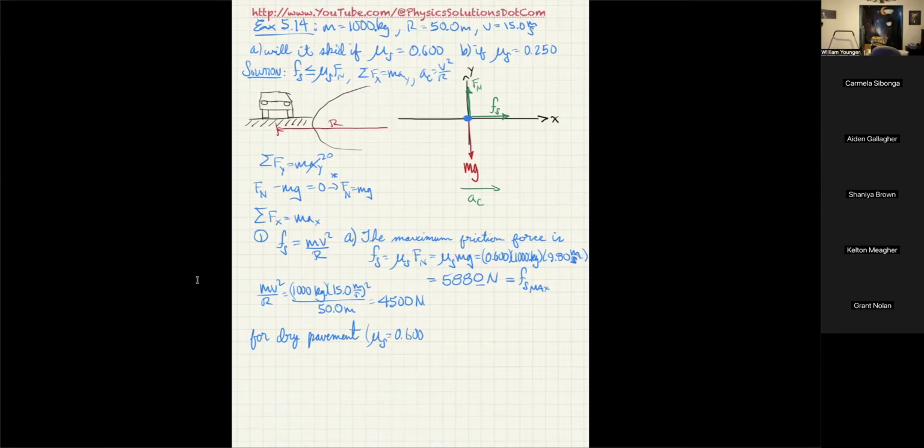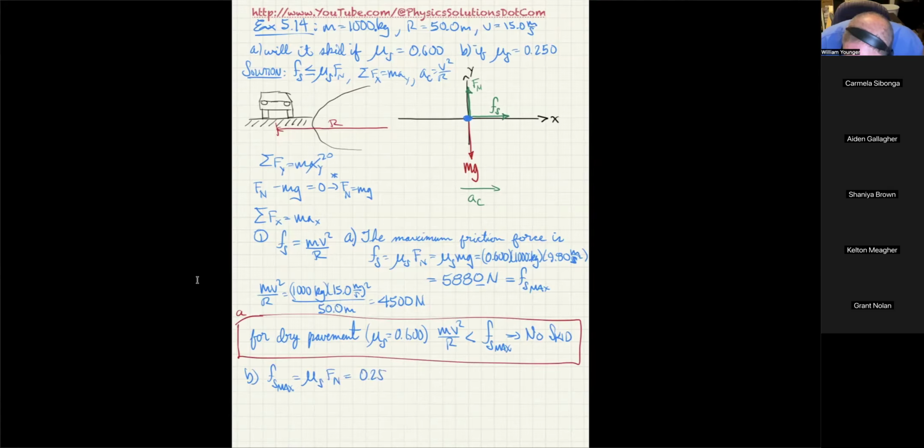Now for part B, F static max is equal to mu static times F normal, which in this case is 0.250 times m times 9.80 meters per second squared, which equals 0.25 times 1000 times 9.8.